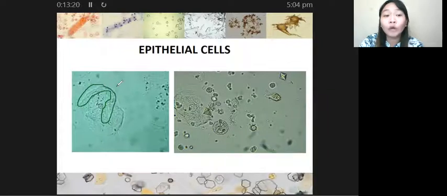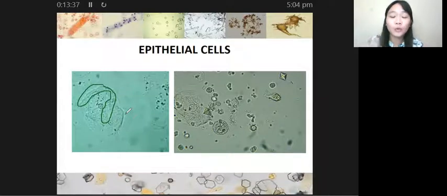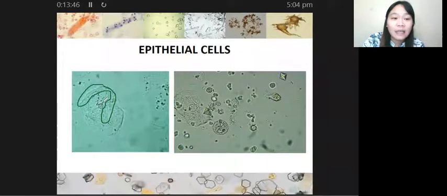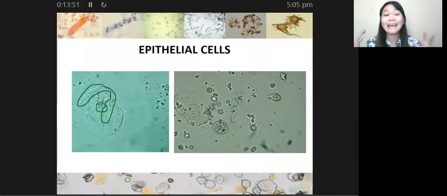If you look at some of the squamous epithelial cells under the microscope, they can be folded. Their cytoplasm can be folded. Apart from that, take note that your squamous epithelial cell has an abundance of cytoplasm, and you can see the prominent centrally located nucleus.